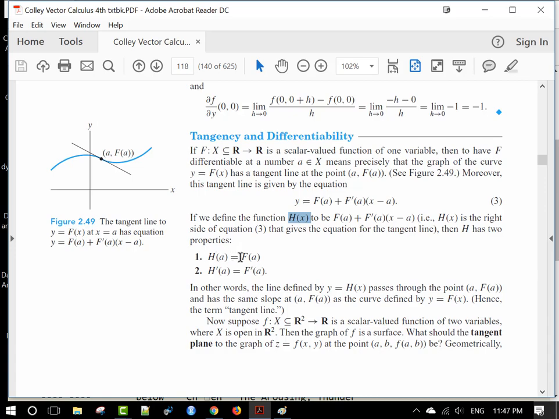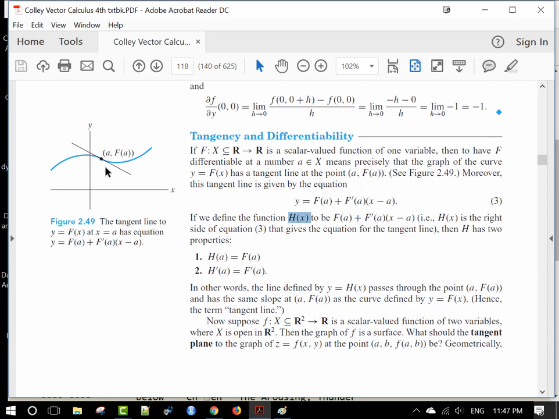One is that it has the same height at a as the blue curve does, and that's the only point where it has the same height, but it does at a, and also the slope is the same at a.